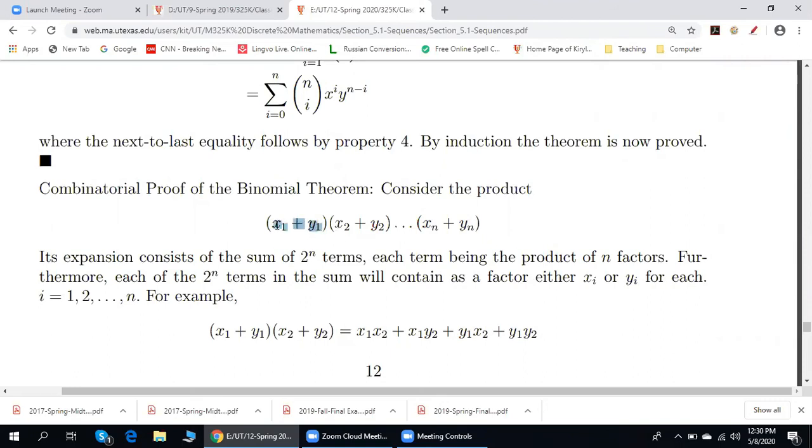Here, we choose either x1 or y1, here either x2 or y2, and so on, here either xn or yn. So we have 2 possibilities here, 2 possibilities here, and so on, 2 possibilities here. Therefore, the number of different terms will be 2 times 2 times and so on times 2, which is 2 to the nth power.